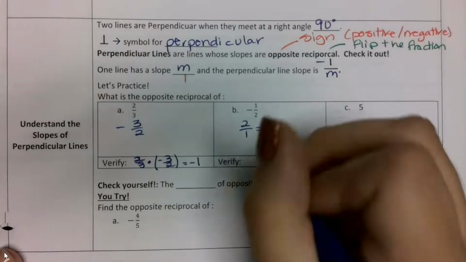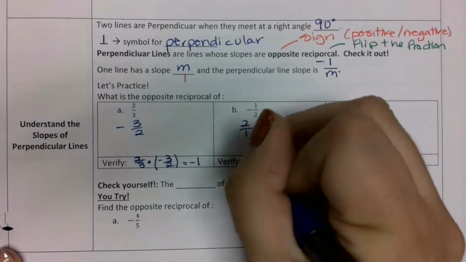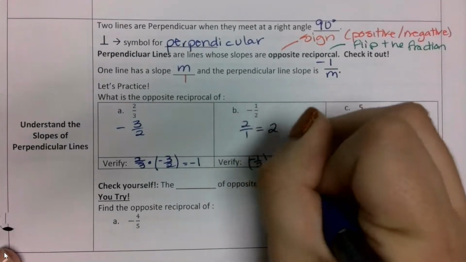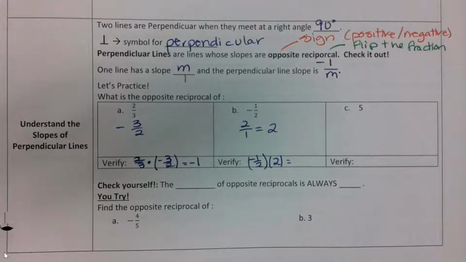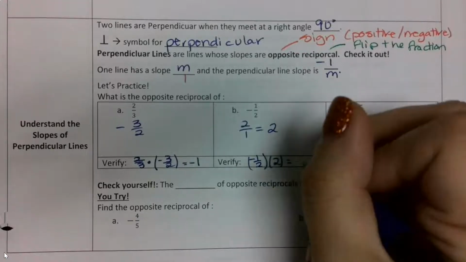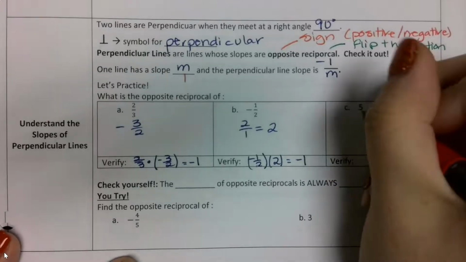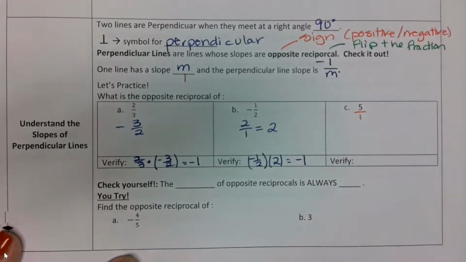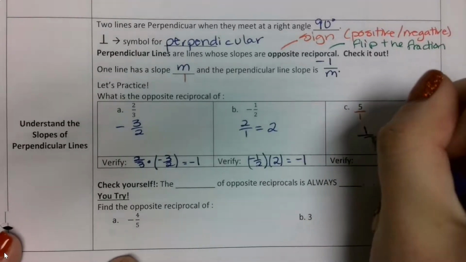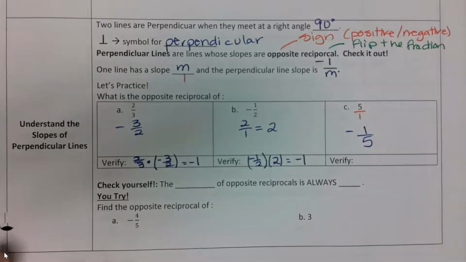Okay, so I want to check to make sure that these again multiply to negative 1. Does negative 1/2 times 2 equal negative 1? What about C? How do I find it? Remember, this 5 is over a secret 1. So when I go to flip that, it's going to turn into 1/5. And then I make that negative.